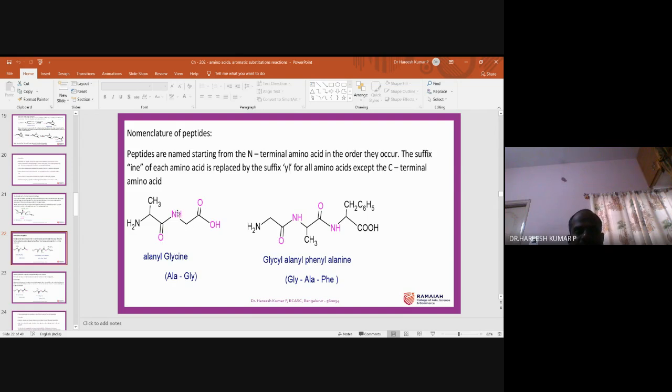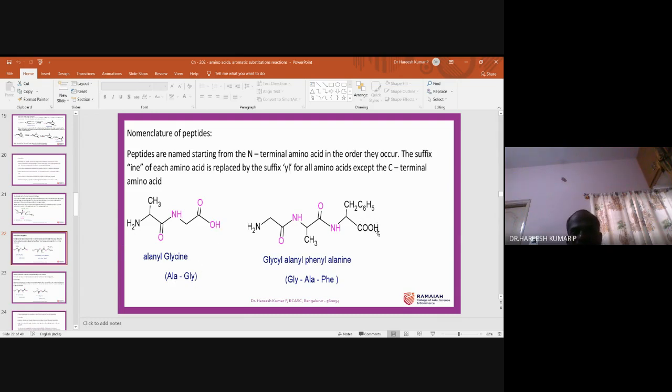So the name of this dipeptide as per the IUPAC name is alanyl glycine. In terms of symbol, you can write ALA-GLY. ALA stands for alanine, GLY stands for glycine. And one more thing you need to remember: ALA is the N-terminal end, GLY is the C-terminal end.